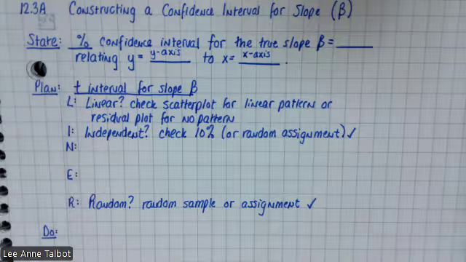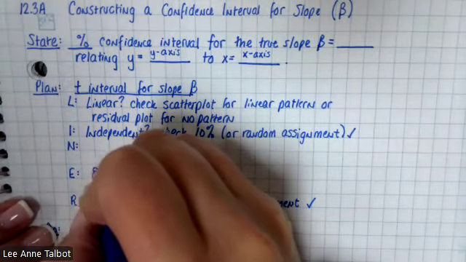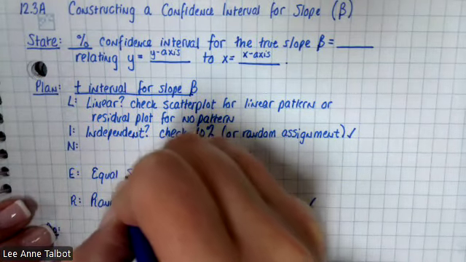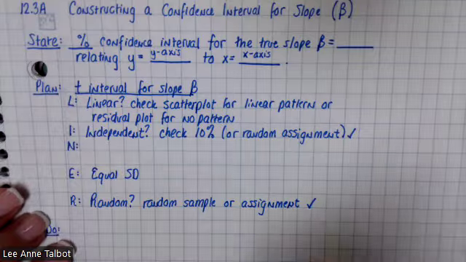Okay, so what we said in chapter 3 was no pattern and even scatter. And that's the E condition. Except they don't call it even scatter. They call it something more sophisticated. It's called equal standard deviation. Equal standard deviation is the same thing as even scatter.